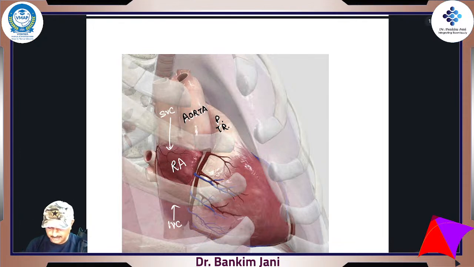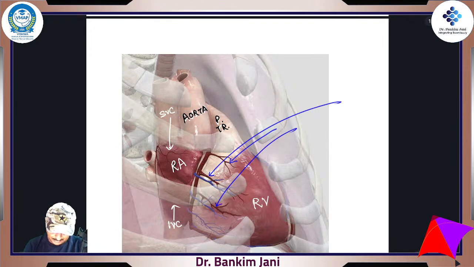Regarding this, this is the right atrium and this one is the right ventricle. Now here is a question, and I am very sure that you'll be able to answer it. This artery, these arteries, can you name which arteries are these?